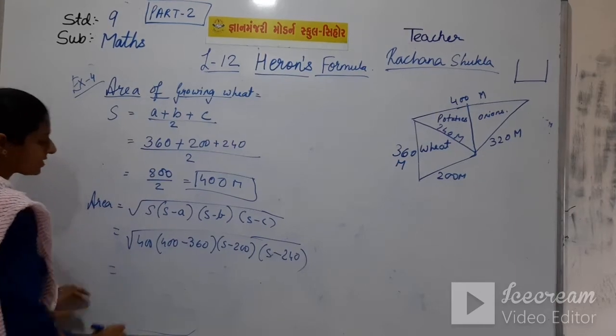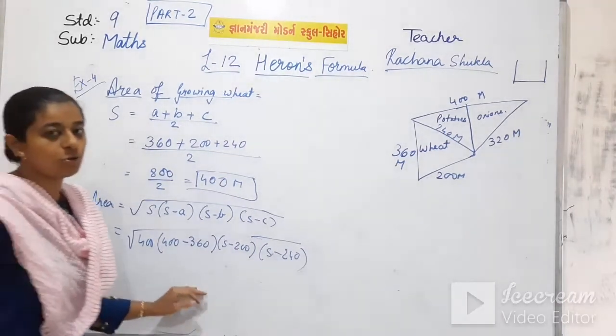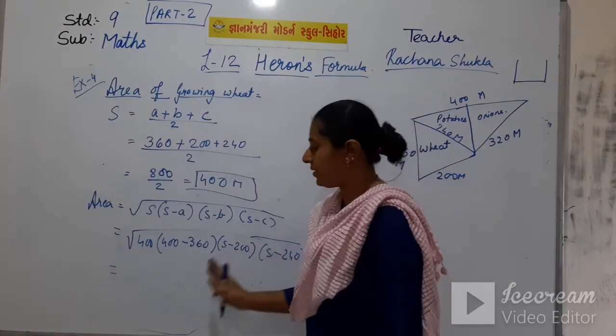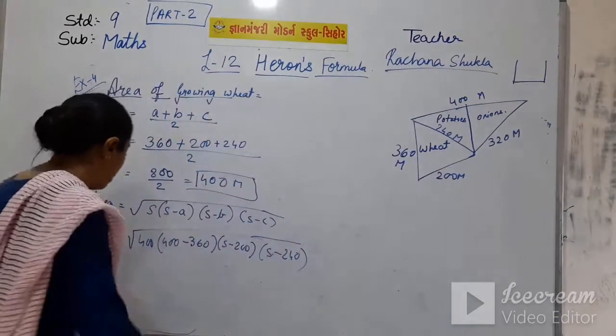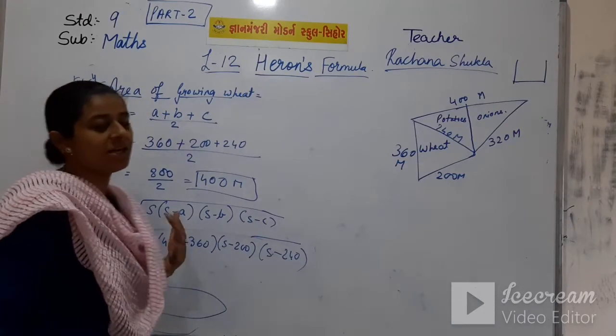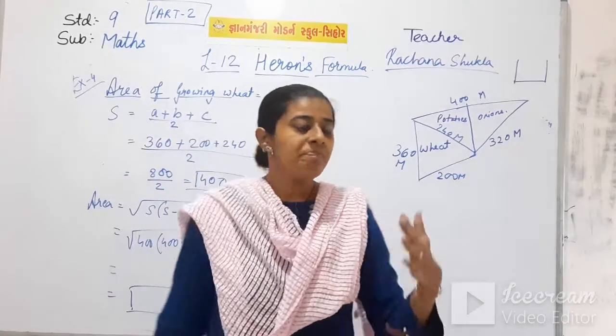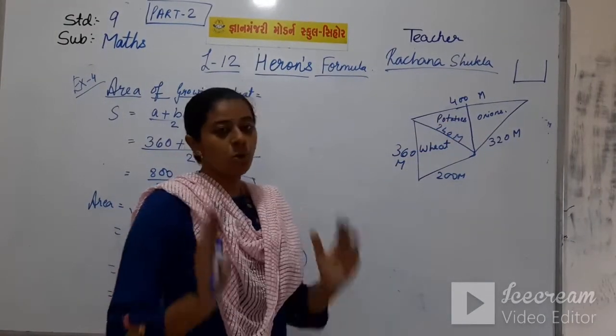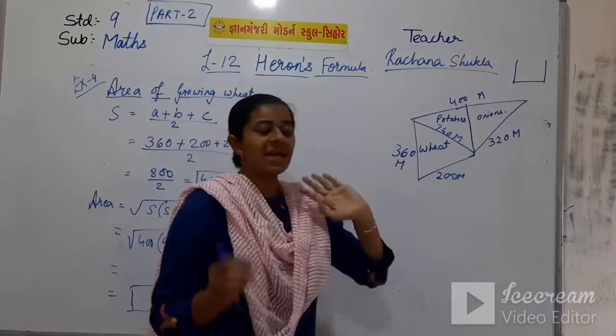Okay, you will solve this by yourself. Now you know how to solve the sum. So you will get the area of growing wheat. You will finally get how much area she uses for growing wheat.